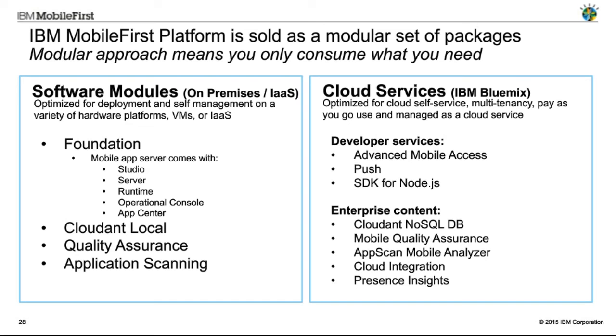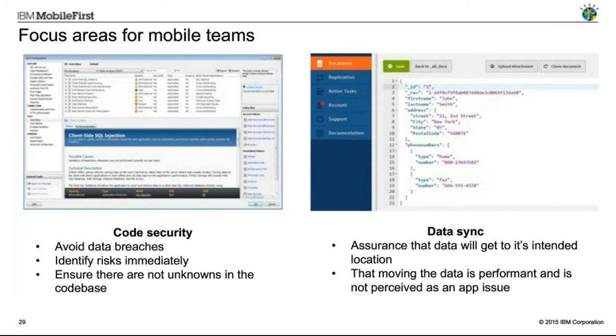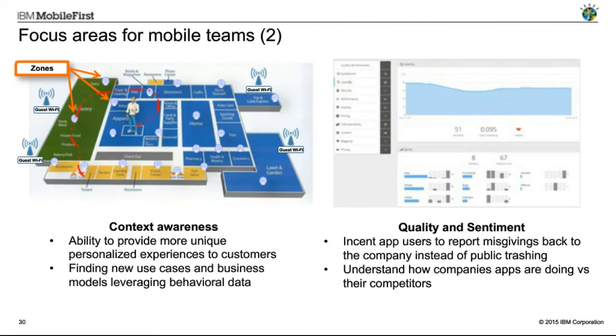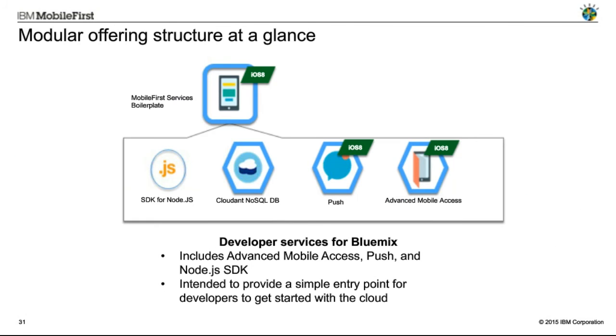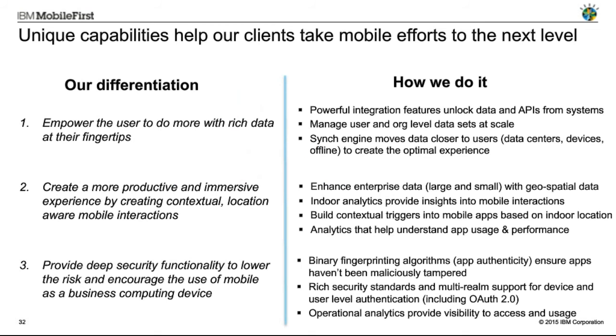So we're going to skip through the next couple slides just to get to some key aspects here. When I think about the unique capabilities that the clients are trying to get to, and this maps very directly to the three challenges we talked about before, most companies are really looking for the ability to empower more people to be involved in the process of mobility.